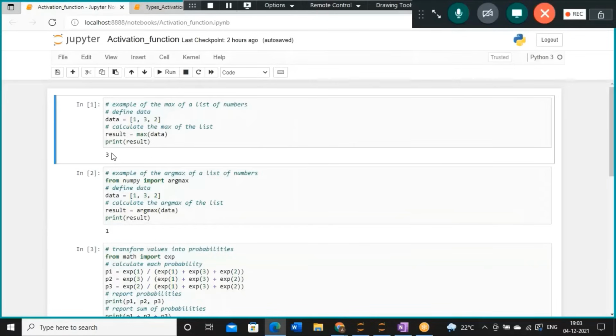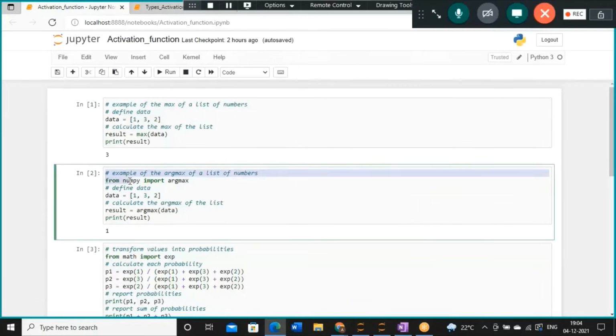So what is new in it? Now pay attention to this. If I use the argmax function, meaning instead of max I write argmax here, then what will happen? This argmax function is again a mathematical function, but see the output. I am using the same data list 1 3 2, but argmax returns 1. Now the question is why? Basically, argmax returns the index of the largest value.